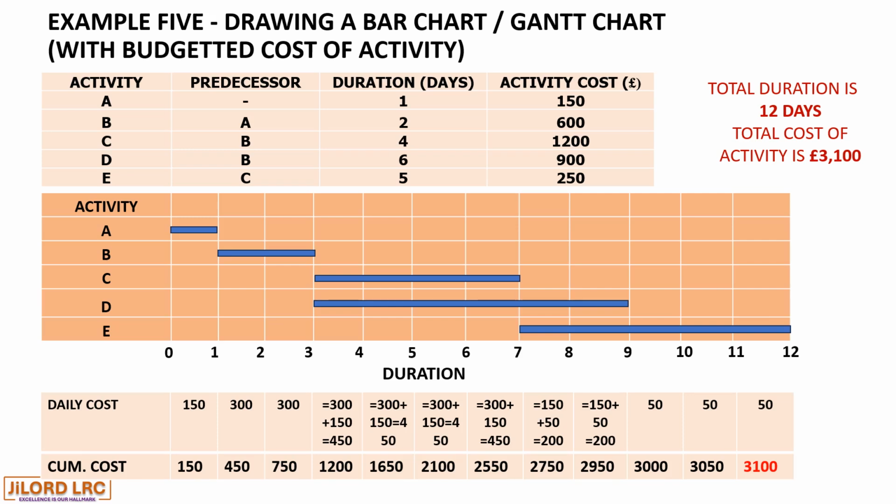So on day 1, the project attracted a daily cost of £150, being the cost of activity A, and that is represented in the row of daily cost as 150 and also represented as 150 at the cumulative cost row.